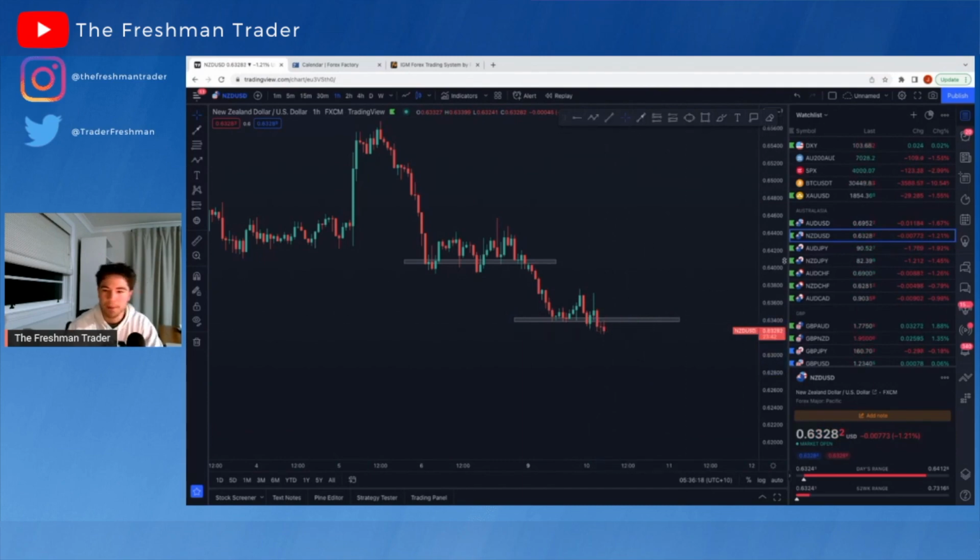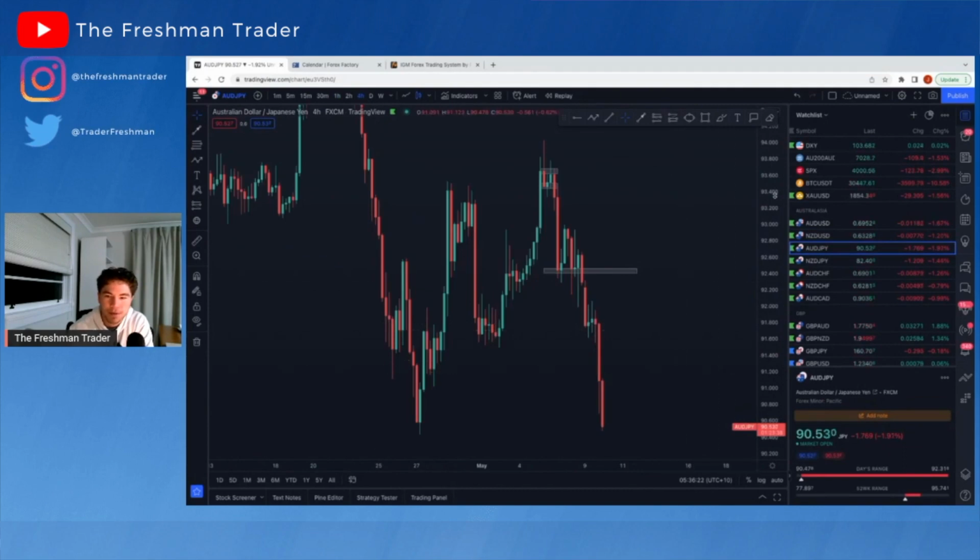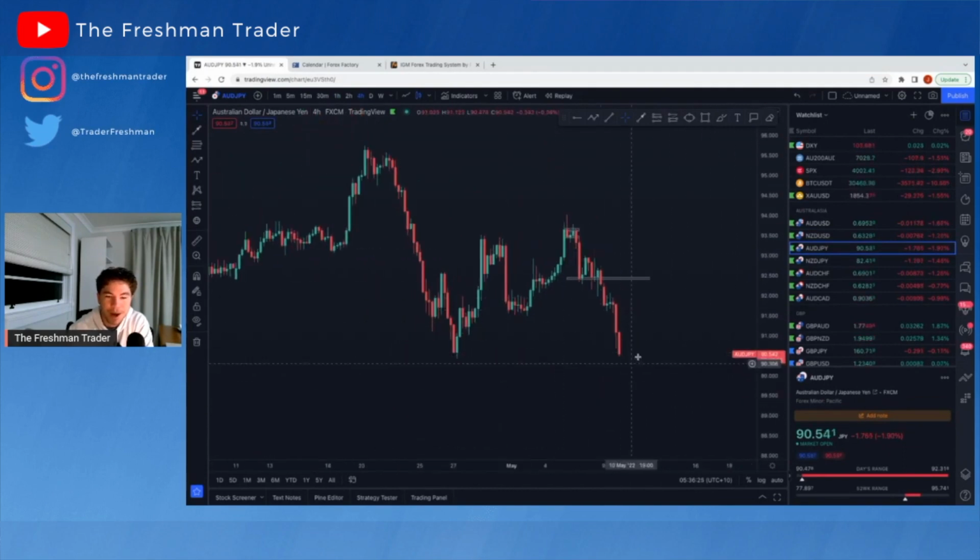If we continue down to Aussie dollar, Japanese yen, I believe we're pushing very far. So for me, there's not a whole lot to trade in this until we see some structure potentially start to form. Maybe we could look at some reversals if price fails to make new lows, or we just continue down from there.